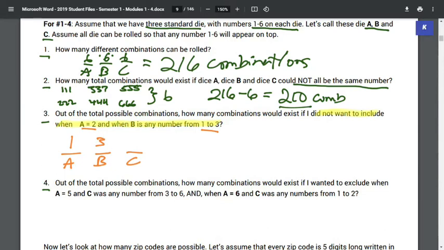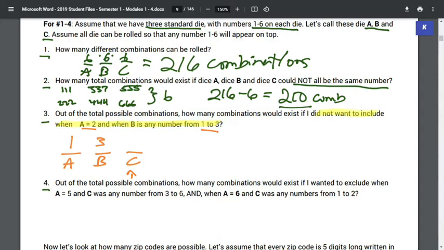So this is where it gets a little tricky with C. The best way to think about this is that the restriction I have is that A cannot be 2 and B cannot be 1, 2, or 3. So let's imagine I have die A, I roll a 2. I have die B, I roll it, and it's also a 2. So right away that fits the restriction.